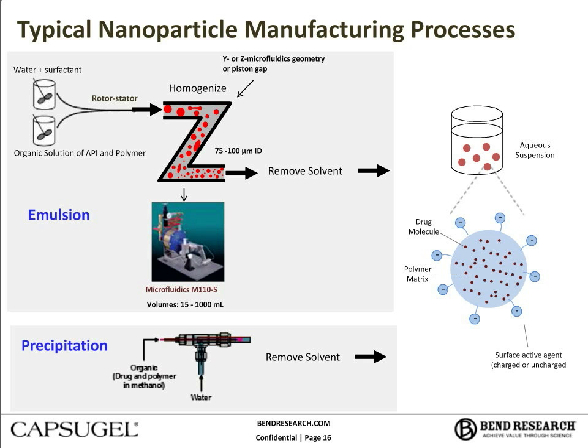Since the time required for solidification of the emulsion droplet is on a longer time scale than for the precipitation process, typically minutes or hours even, versus a fraction of a second for the precipitation process, the drug and polymer have a longer time to organize themselves in the emulsion droplet and can produce a different particle architecture with respect to core shell properties, for example, than in the precipitated particles. And we've characterized some of these differences in our own laboratory from these different processes.